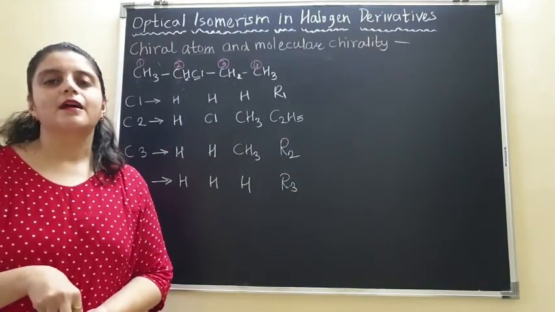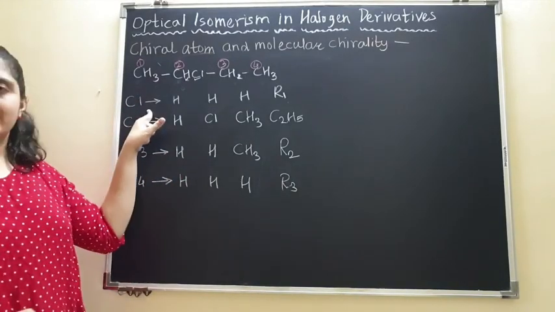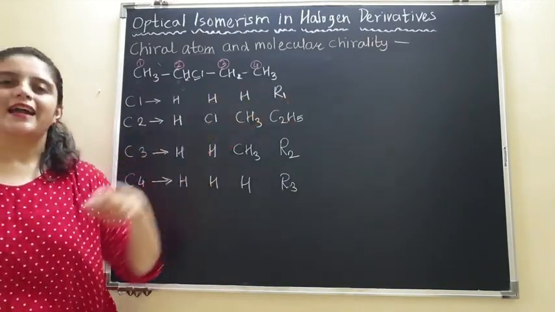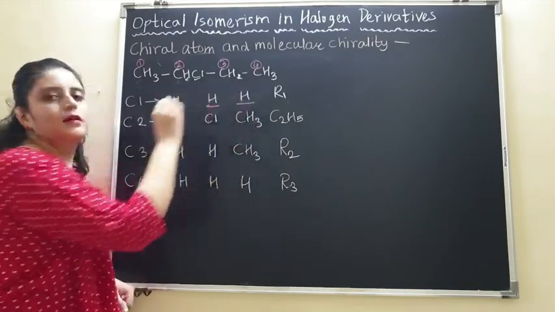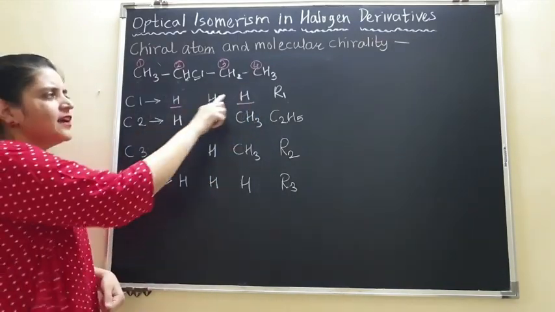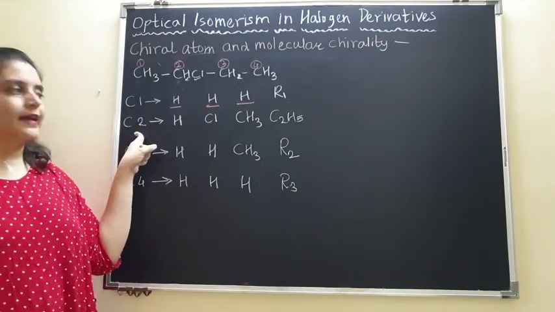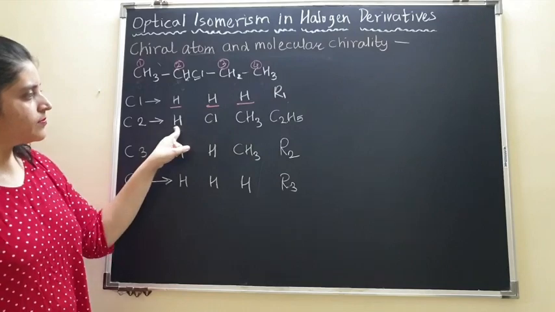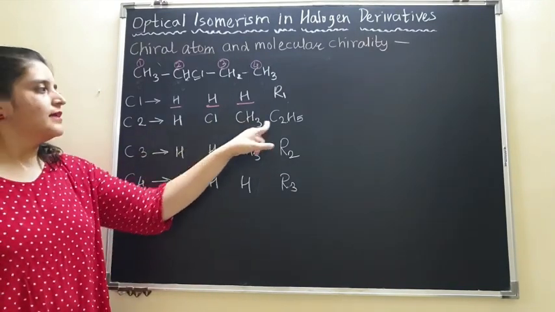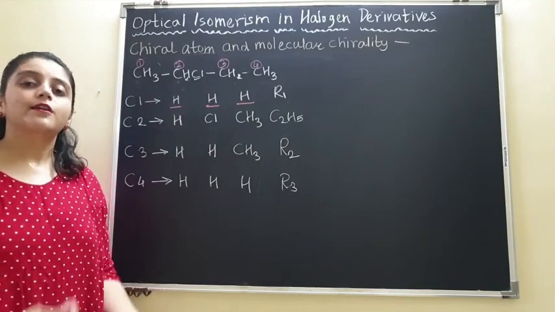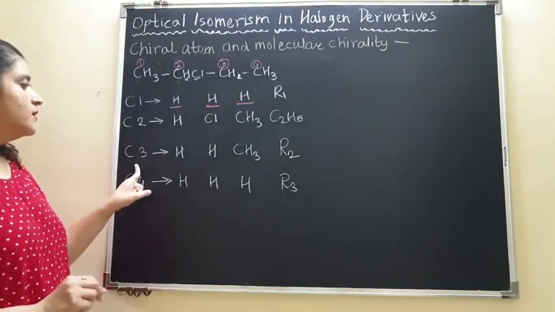Now let us compare the different groups attached to each carbon. In C1 we have H, H, H and R1, so 3 groups are common on the first carbon. Then on the second carbon, nothing is common: H, Cl, CH3 and C2H5. None of the groups attached to the second carbon are common.